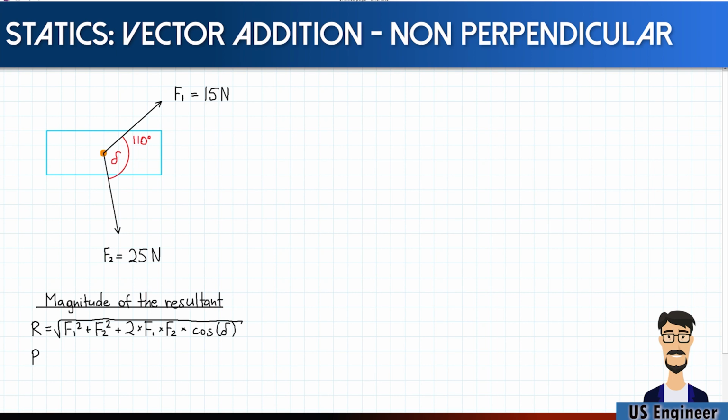R is equal to the square root of F1, which is 15 Newton, squared plus 25 Newton squared, and remember, you need to square the unit as well, plus 2 times 15 Newton times 25 Newton times cosine of 110 degrees.